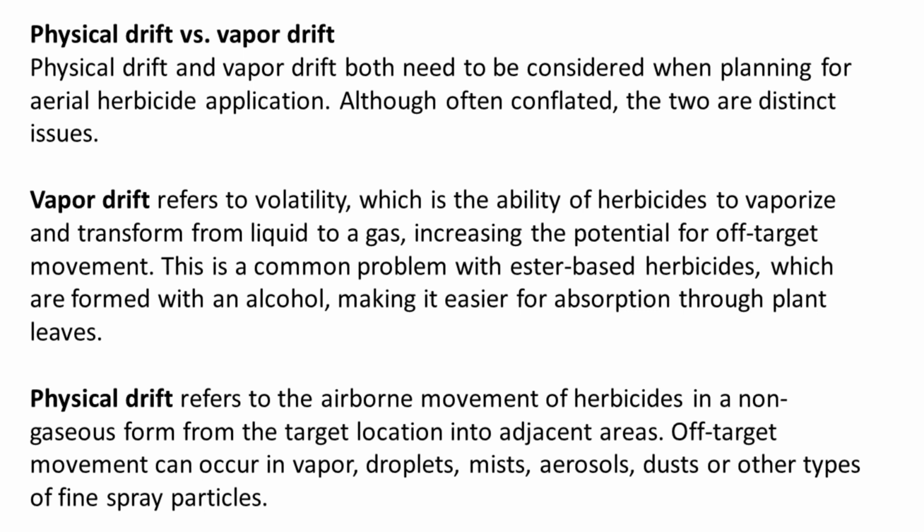This is a common problem with ester-based herbicides, which are formed with an alcohol, making it easier for absorption through plant leaves. Physical drift refers to the airborne movement of herbicides in a non-gaseous form from the target location into adjacent areas. Off-target movement can occur in vapor, droplets, mist, aerosols, dust, or other types of fine spray particles.